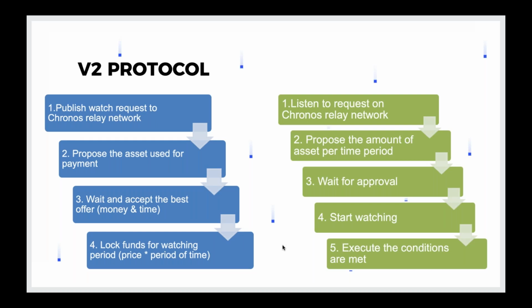You can propose any token, essentially, like NFTs, any assets on Ethereum. You say, I want this conditional scheduled transaction to happen, and I'm willing to pay 2 CryptoKitties, or 2 DAI tokens, or some part of Ether, or something else.